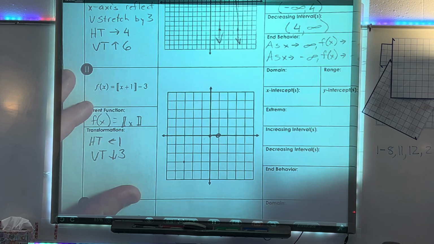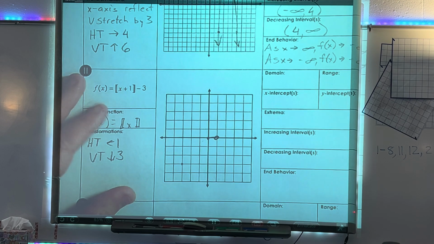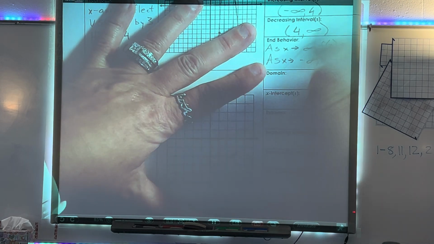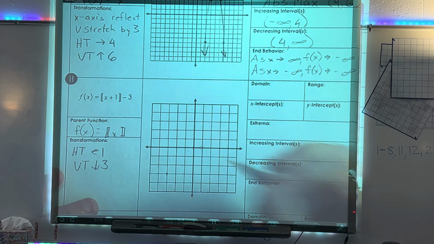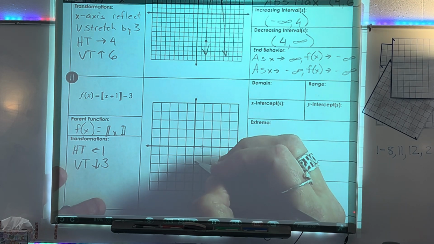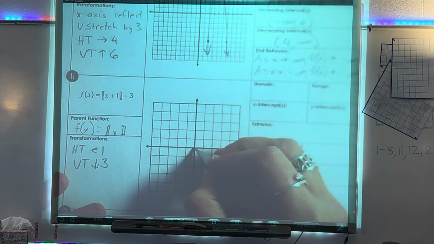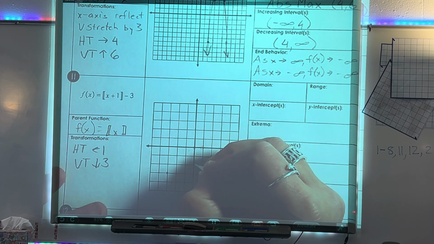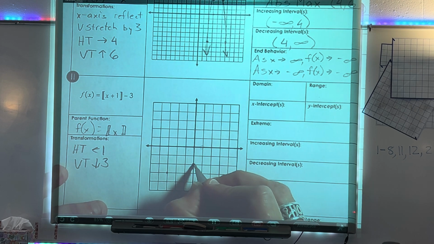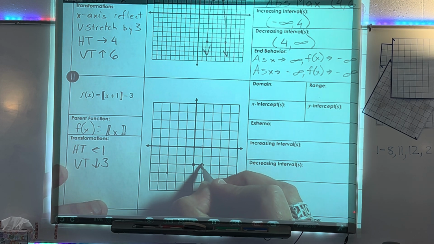At 0, -2. Okay, because it goes down. So at 0, -2, there's a point, and then it comes over and is there an open circle right here?